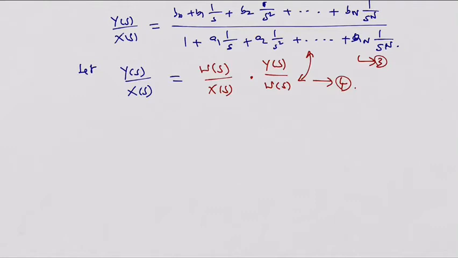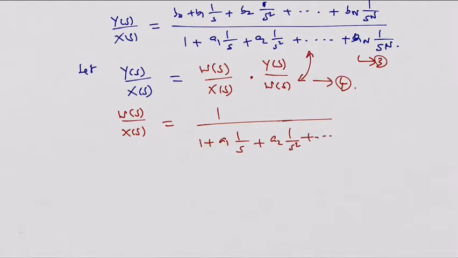Upon comparison between 3 and 4, you will find that w of s by x of s is equal to 1 divided by 1 plus a1 1 by s plus a2 into 1 over s squared plus a3 into 1 over s cube plus etc., a n minus 1 1 divided by s power n minus 1, and similarly a n multiplied by 1 over s power n. Then what is y of s by w of s? You must have a justification for that also.